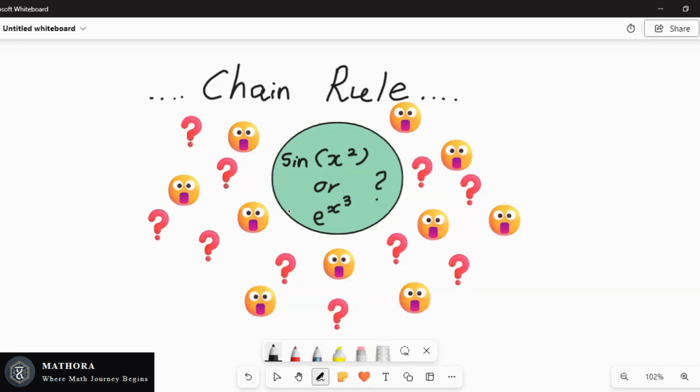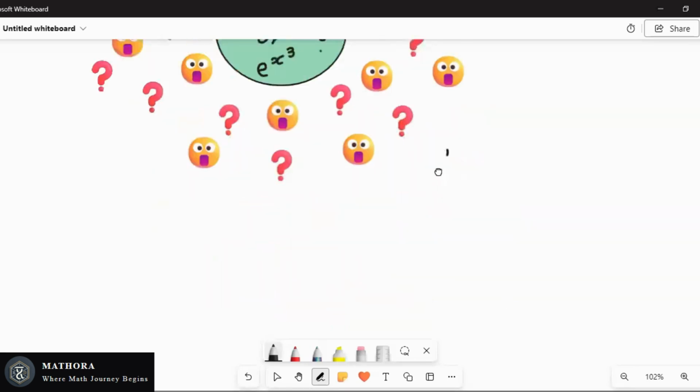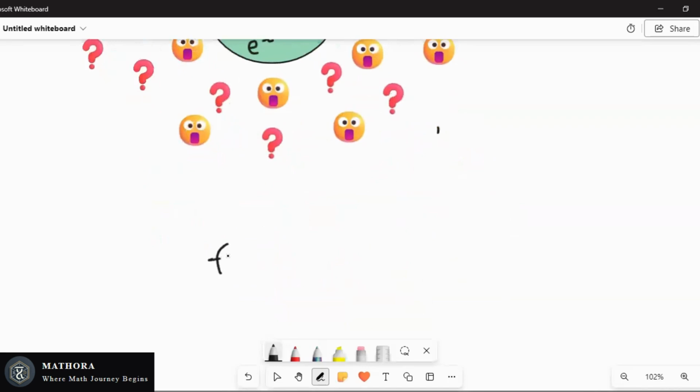So, why is the chain rule so important? The chain rule is like a secret weapon for differentiating composite functions. A composite function is just one function inside another, like f(x) equals sine x to the power of 2, where the sine function is applied to x to the power of 2.